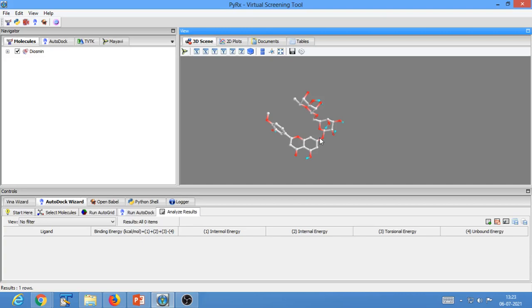Okay, and in order to find the answer to this question, what you need to do is to first validate your docking system. That is what we say, that first you need to validate your docking system in order to make sure that whatever docking results you get, those results are biologically meaningful, scientifically relevant. Okay, so how do we do this validation now?